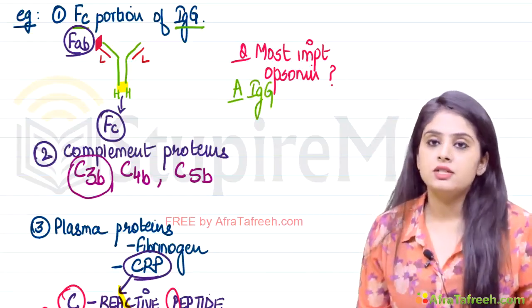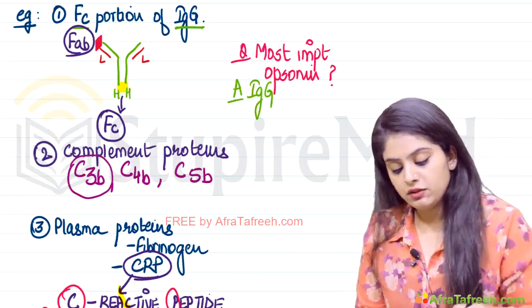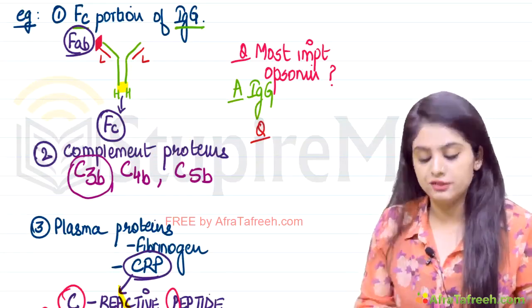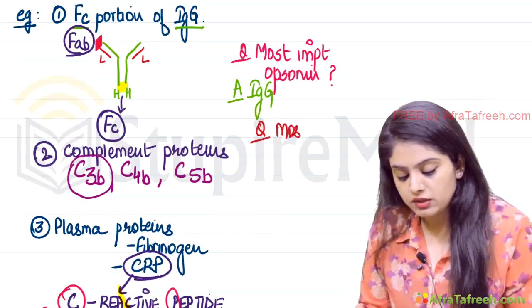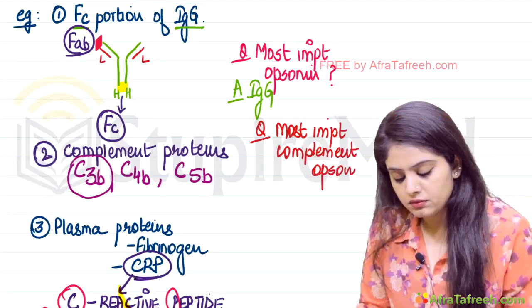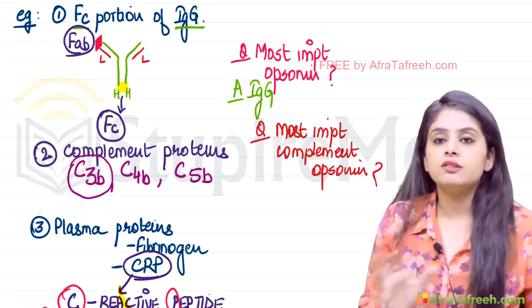But please read the question carefully over here. Instead of giving you this question, they just added one more term in this question and they said, which is the most important complement opsonin? So the question sounds similar.